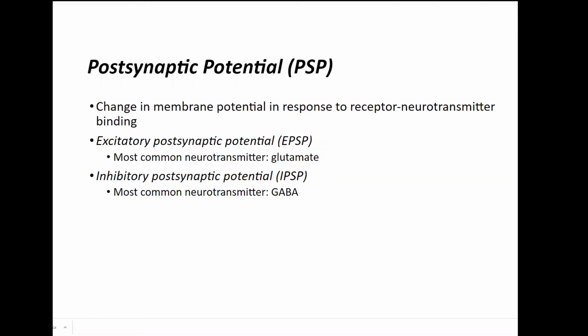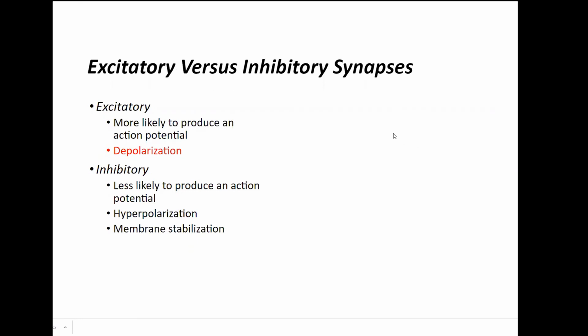And for our inhibitory postsynaptic potentials, the most common neurotransmitter that causes inhibition is GABA. For example, another correlation with medications is that benzodiazepines, or benzos, increase GABA, so they're increasing inhibitory postsynaptic potentials. So that's another correlation that we can find there. Okay.